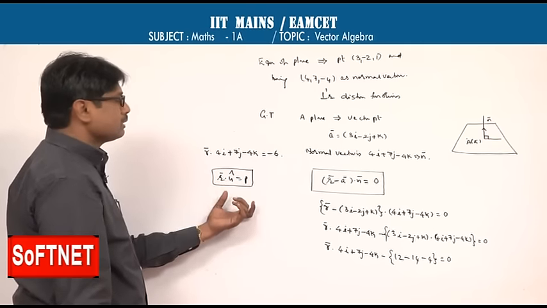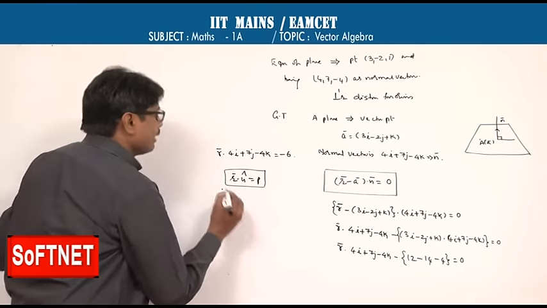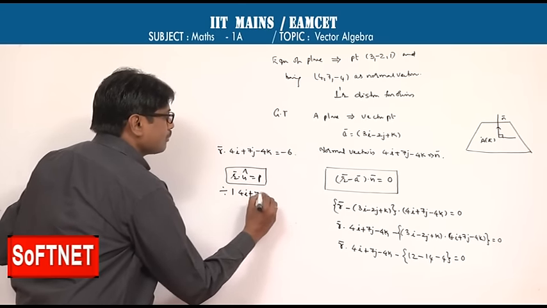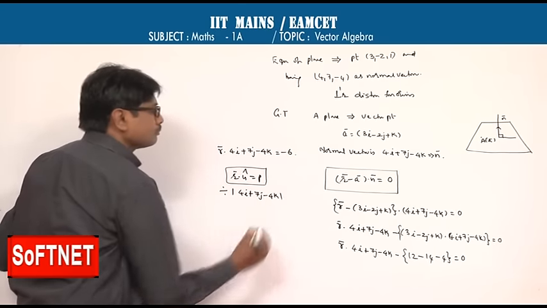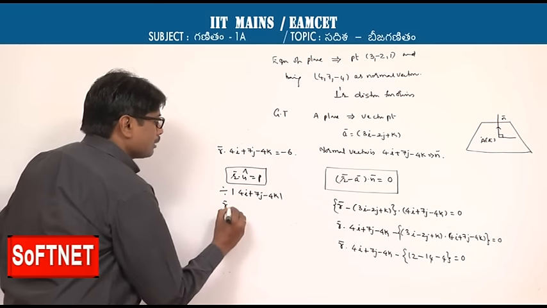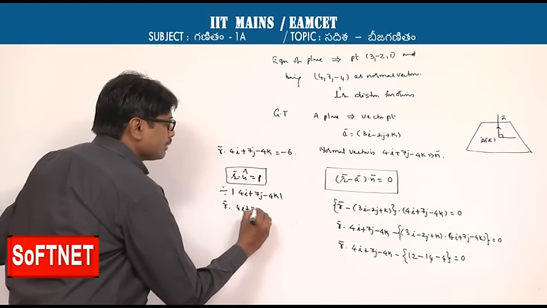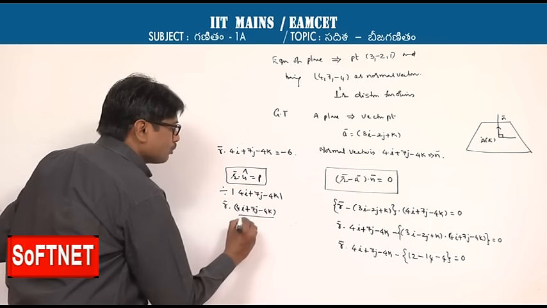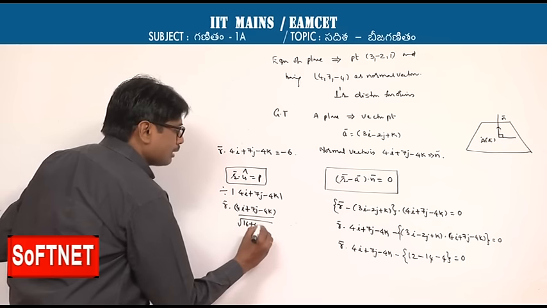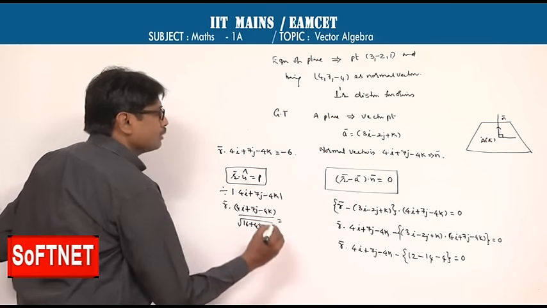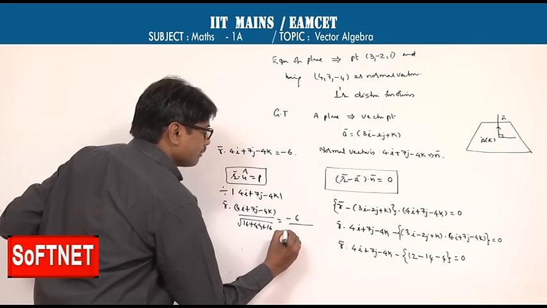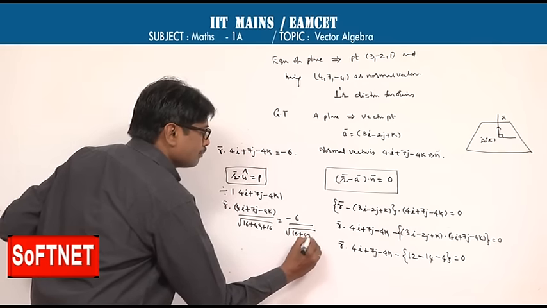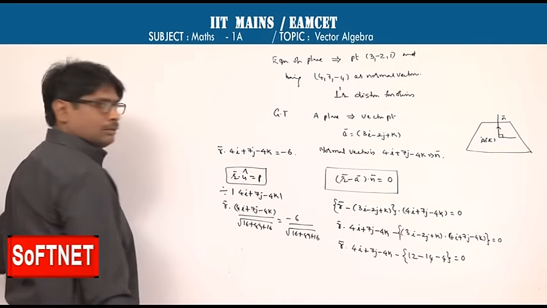In order to reduce to that form, divide both sides by the modulus of 4i bar plus 7j bar minus 4k bar. That is r bar dot (4i bar plus 7j bar minus 4k bar) divided by root over 16 plus 49 plus 16, is equal to minus 6 divided by root over 16 plus 49 plus 16.